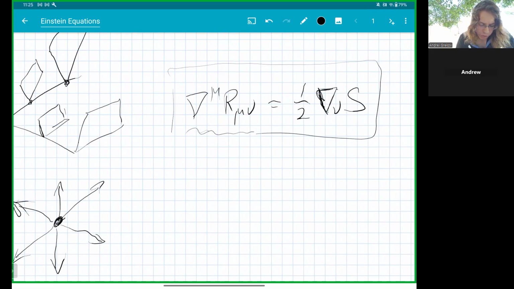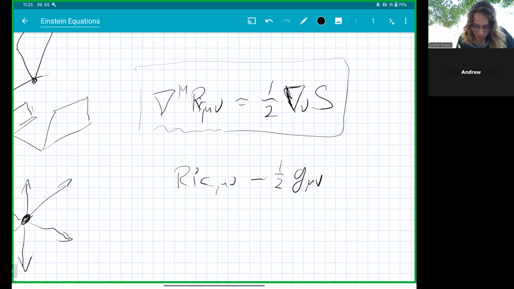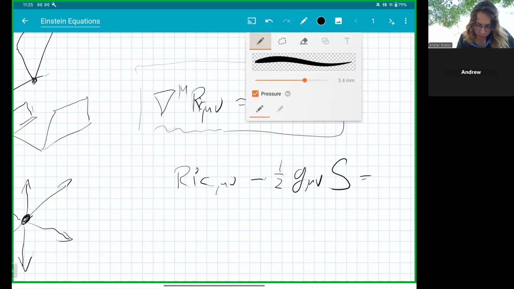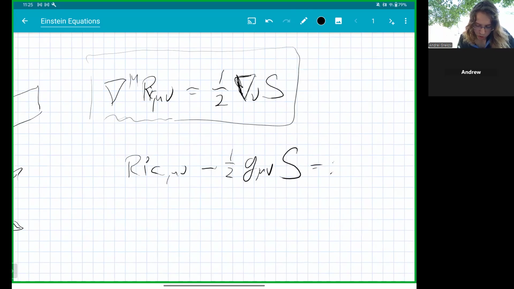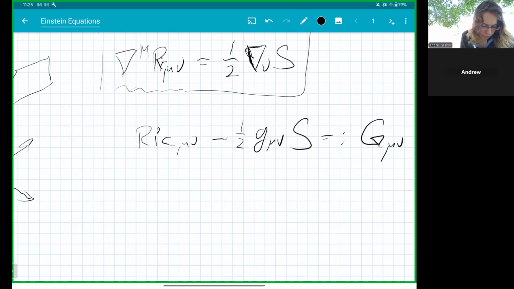But from here we see that if you subtract this 1/2, the symmetric tensor, and call it by definition the Einstein tensor, then it will be covariantly constant, because the symmetric part is covariantly constant as well.